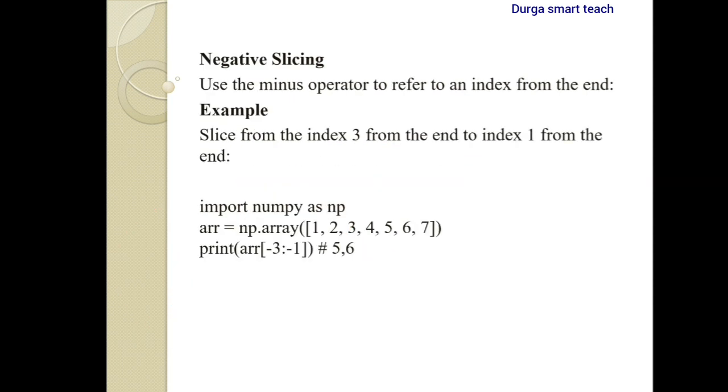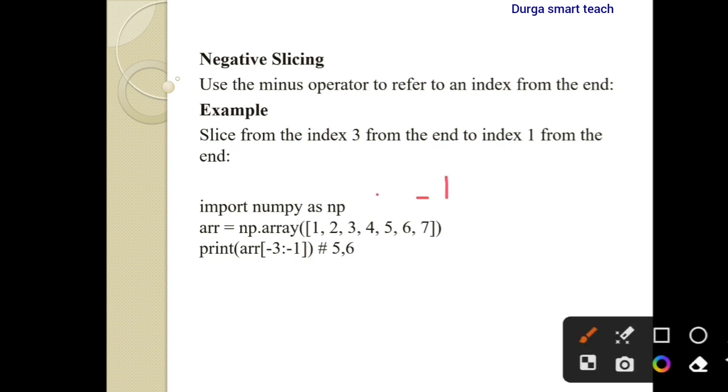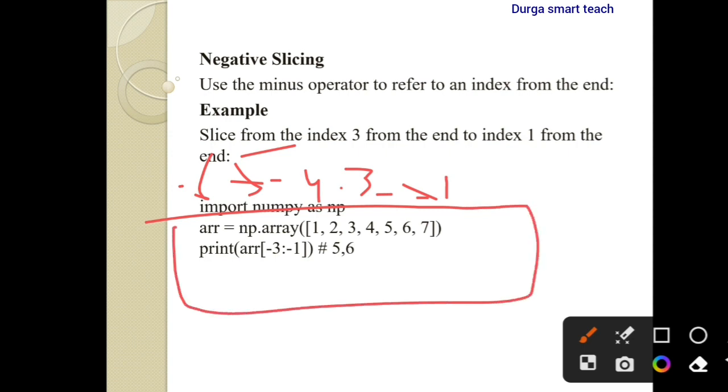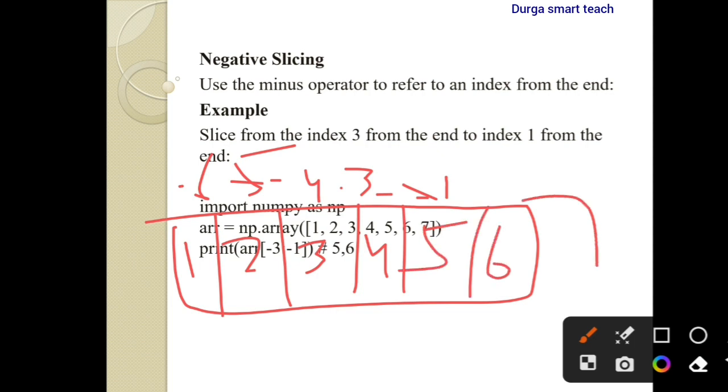You can access by using negative index also. Arrays allow positive indexes as well as negative indexes. The array elements are 1, 2, 3, 4, 5, 6 and 7.